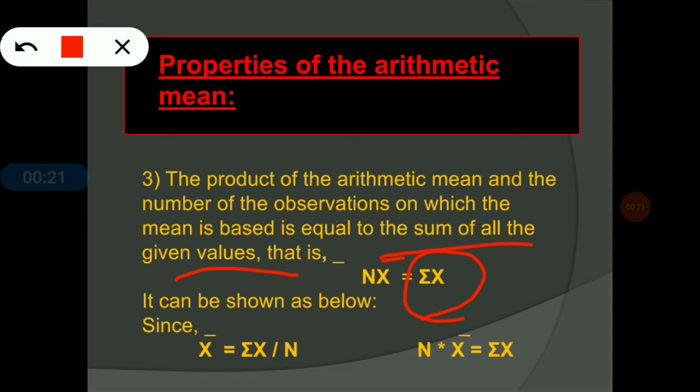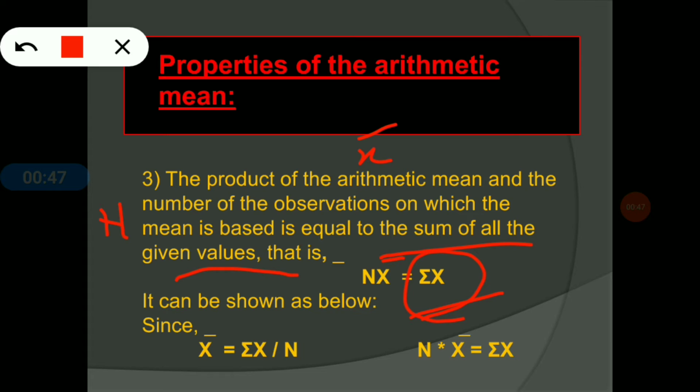So, product of arithmetic mean and number of observations: arithmetic mean is denoted by x bar and number of observations is denoted by capital N. So, product means multiplication. So, n into x bar, that means n x bar is equal to the sum of all given values, the sum of the x values. So, sum of x values is denoted by summation x. I think this is clear.